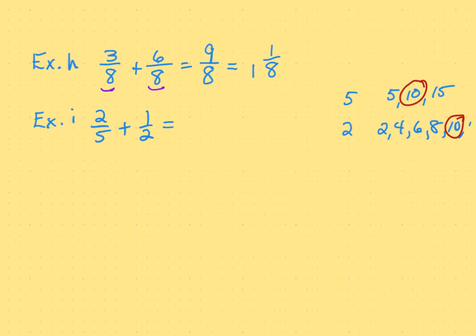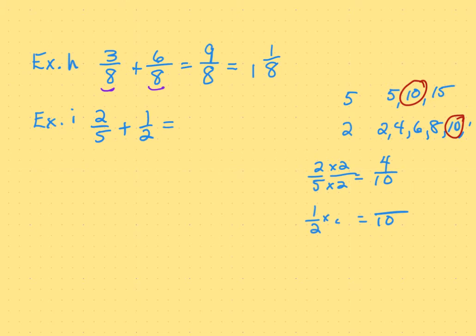There will be others. But now we have to convert 2/5 and 1/2 into equivalent fractions that have 10 in their denominators so that we'll be able to add them. All right, what do we multiply 5 by to get 10? We multiply by 2. So we're going to multiply the denominator and the numerator by 2.